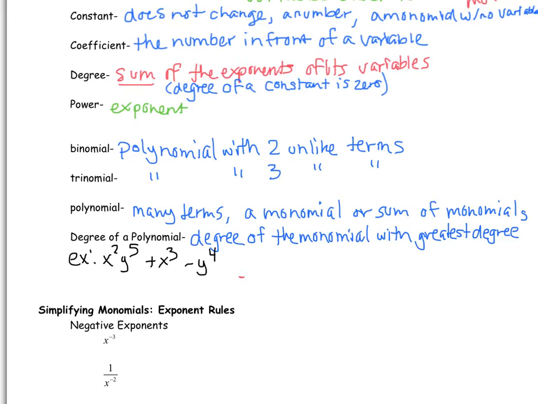For the first term, we have to add the exponents together, so 2 plus 5 is 7. The degree of the second term is just 3, and the degree of the third term is 4. But then the degree of the polynomial as a whole is the highest one of those. So the degree of the polynomial would be 7.